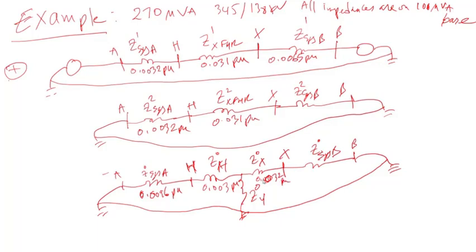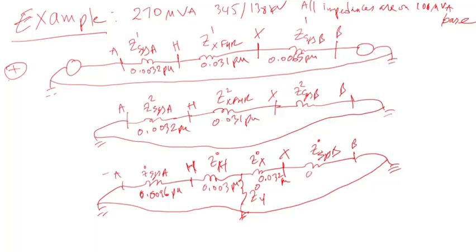So you have 0.0, let me just erase it so it's not confusing. So it's 0.032.